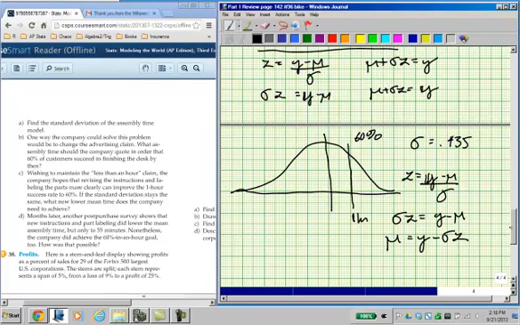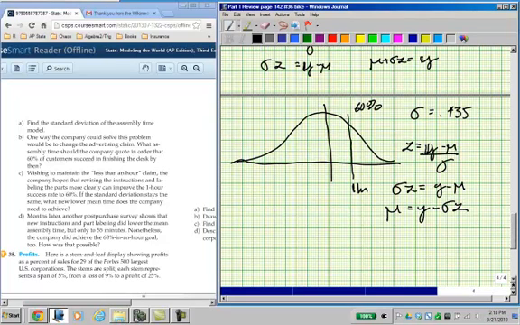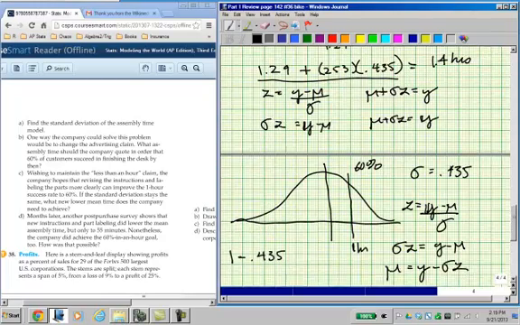All right, so we're going to do that. So y is 1, and sigma is 0.435, and z, the z-score that goes with 60%, is 0.253.